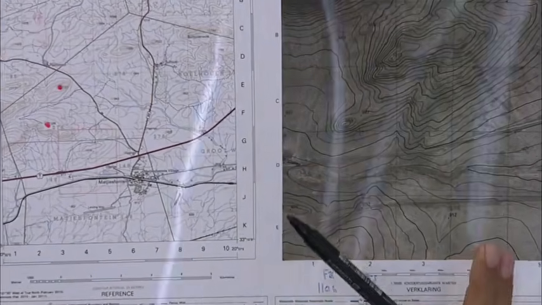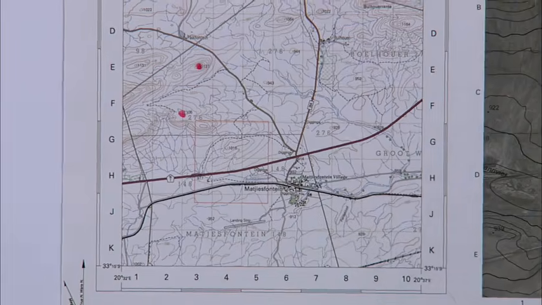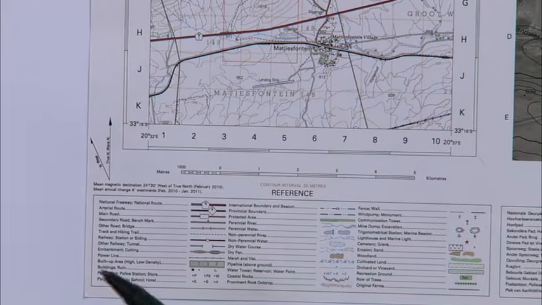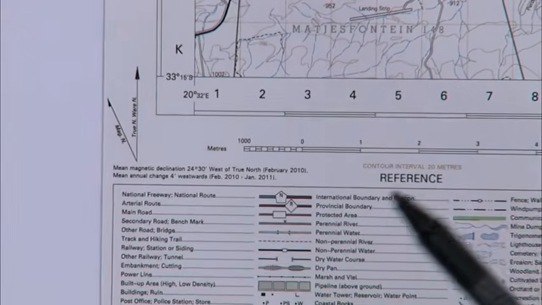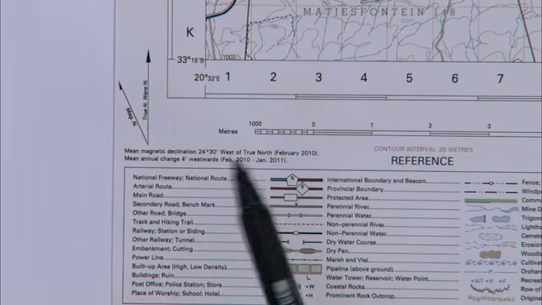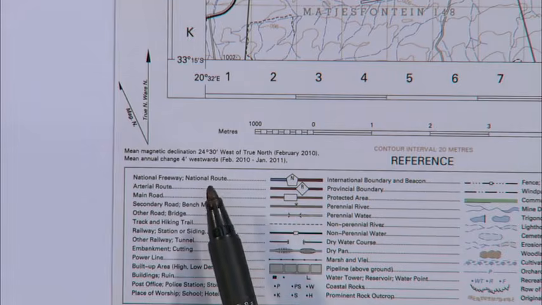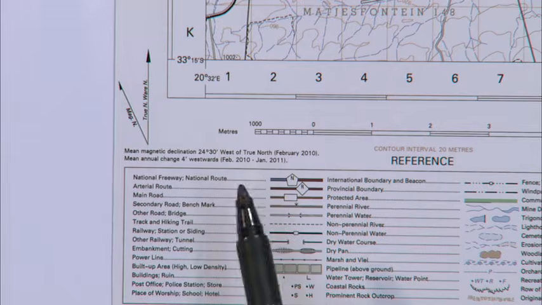Now, you know that the mean magnetic declination is the angle between true north and magnetic north, right? Your teachers explained to you what true north is, what magnetic north is. That's the angle between true north and magnetic north. And in the case of this map, it is 24 degrees, 30 minutes west of true north.